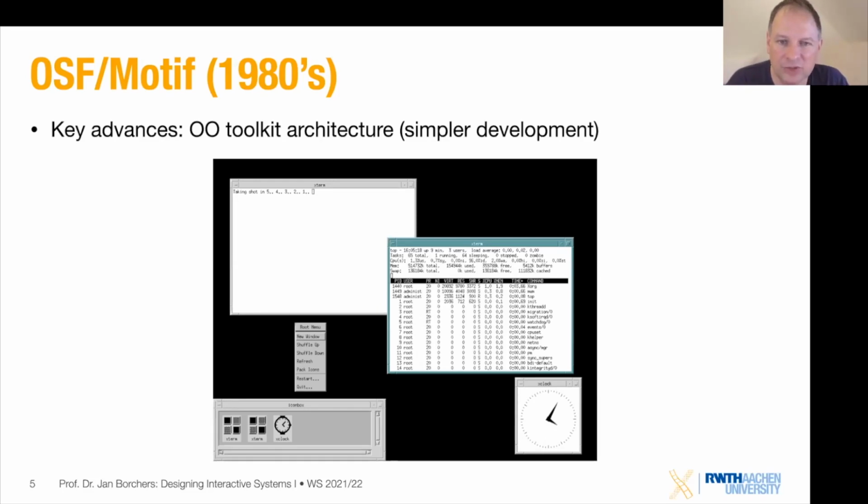And one thing that was pretty amazing for Motif was that they managed to create a programming API that was actually object-oriented, although the underlying language was C. And C, as you all know, is as imperative a language as you can get, right? It's one level above assembler, but just barely. And there is no object orientation in C. But the way they did this was by thinking object-oriented and having, abstractly speaking, classes of, for example, a push button, and then a subclass of the push button that was the toggle button or something.